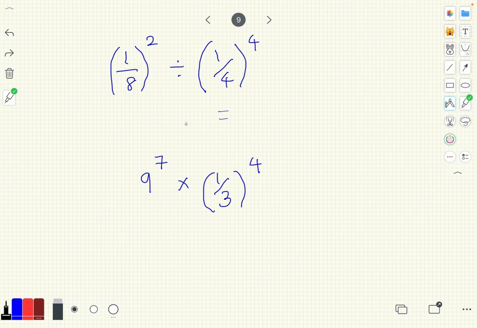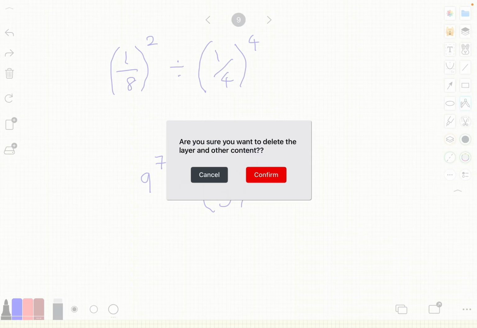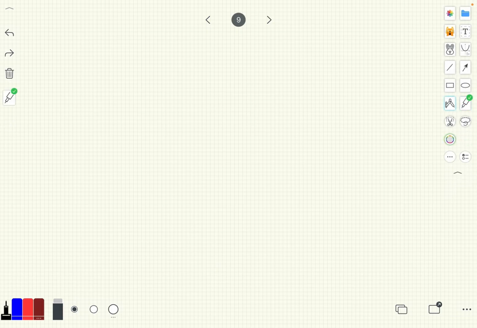Okay, so now let's see an example. Let's solve the question: 8 to the x is equal to 32. Just see this example clearly.